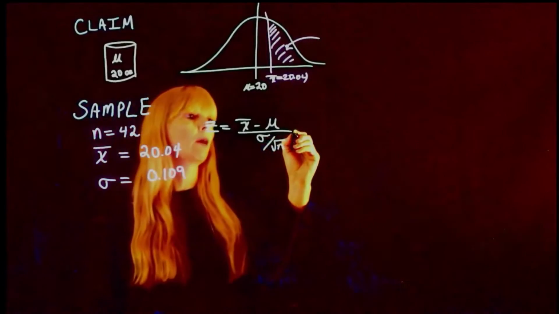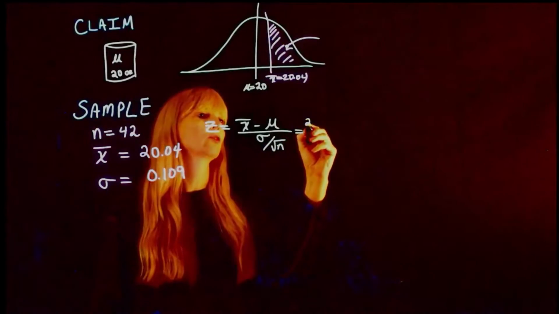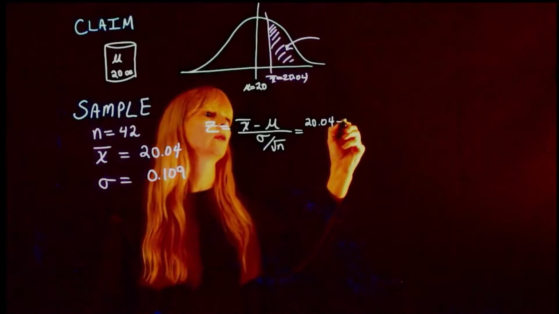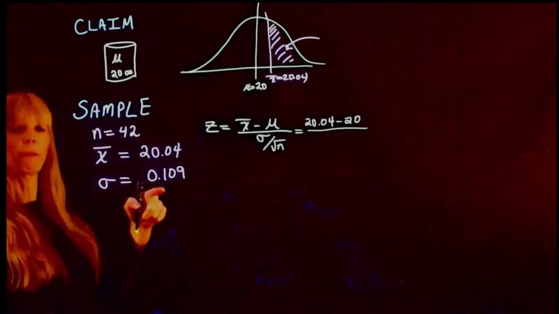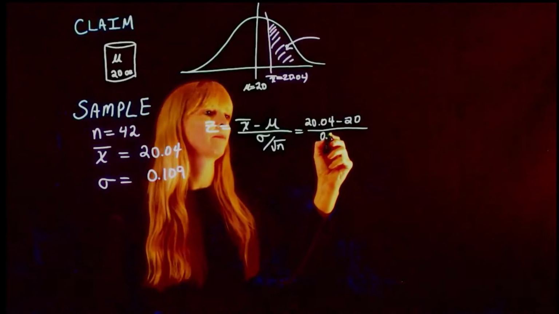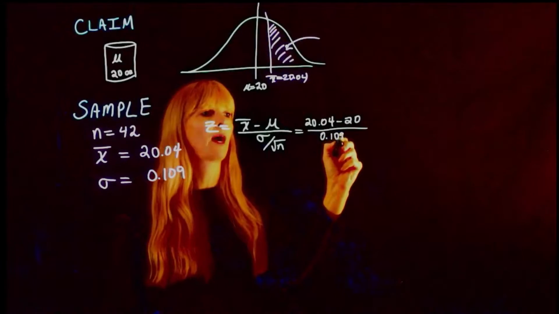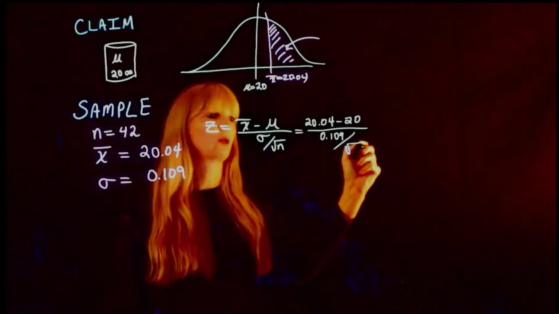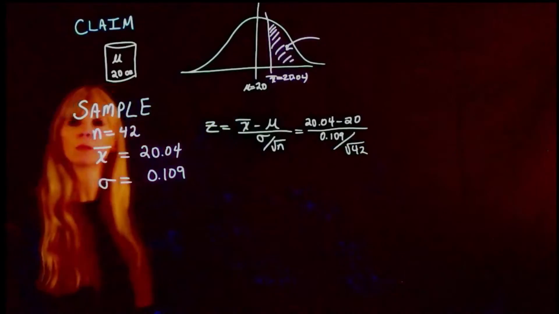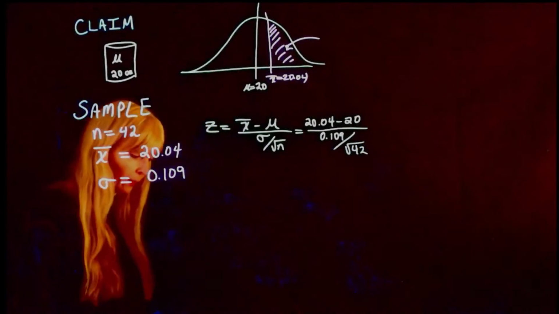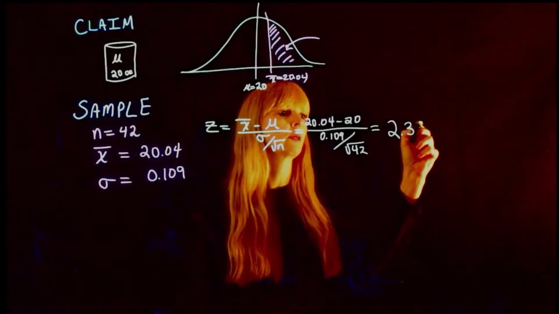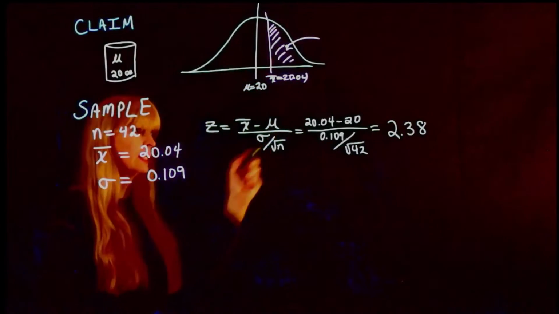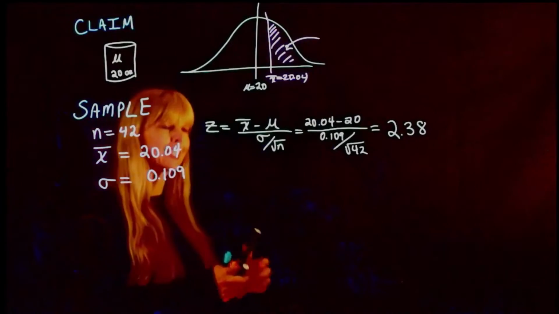So we just plug in our values, which is 20.04 minus 20 over my population standard deviation, and then divided by the square root of 42. So from here we get a value of 2.38. This is the value if we are standardizing.